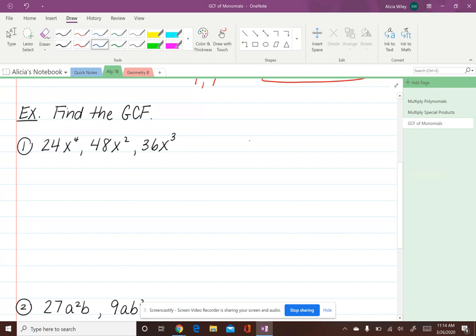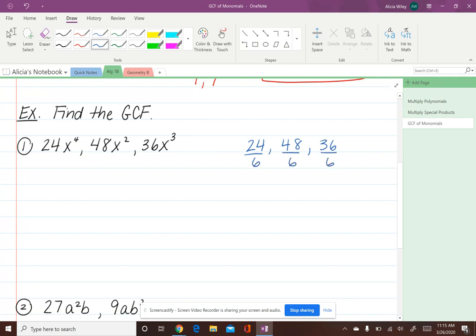So when I think about, and this is a little bit of side work here, 24, 48, 36, think about it without the variables, right? So if the variables are sort of tripping you up, write them off to the side and think about it. I know that in each of these numbers, a 6 goes into them, right?